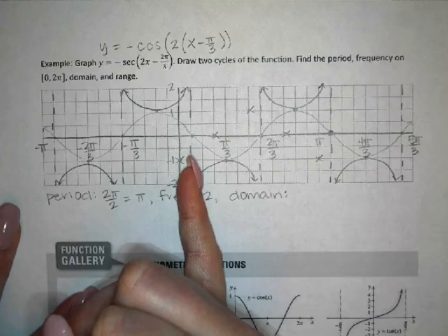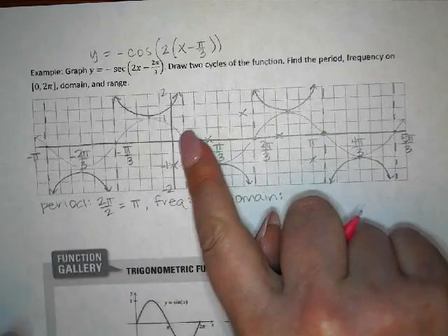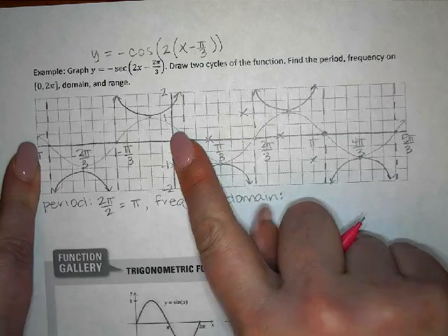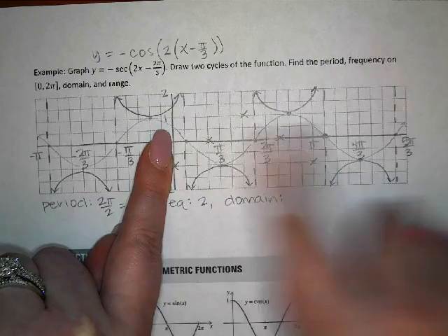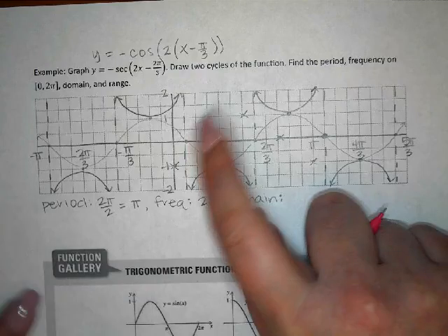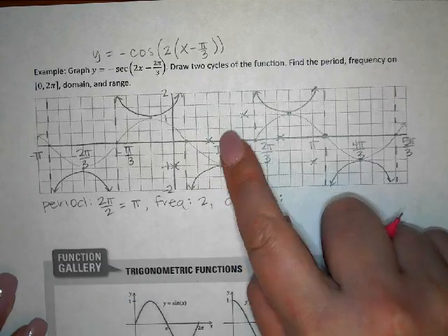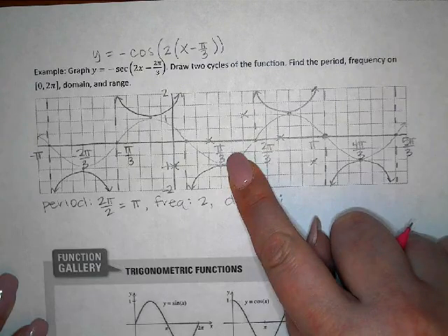So 1/12, 2/12, 3/12, 4/12. 4 over 12 is 1/3. So this is 1/12 right here. So it's pi twelfths. Sorry, all real numbers x cannot equal. Gotta write it correctly. All real numbers x cannot equal pi twelfths. There we go. Okay, plus.